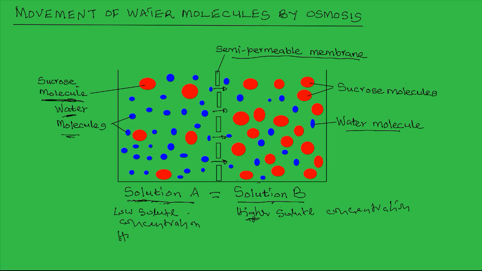We can therefore say as a general rule that whenever two solutions of different concentrations, that is tonicity, are separated by a semi-permeable membrane, then the direction of osmosis will always be from the hypotonic solution across the semi-permeable membrane to the hypertonic solution, and this will continue until the two solutions become equal in terms of water molecules concentration.